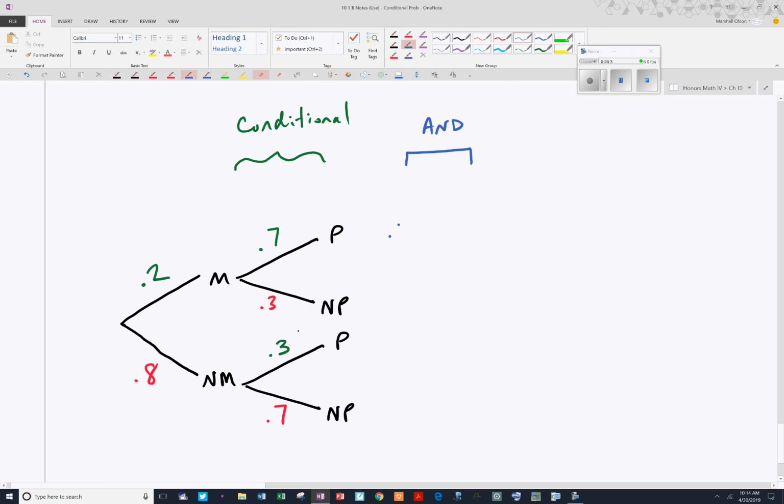I'm just multiplying through the tree diagram. 0.2 times 0.3 is what? What's 0.8 times 0.3? 0.24. 0.8 times 0.7 is 0.56, right?